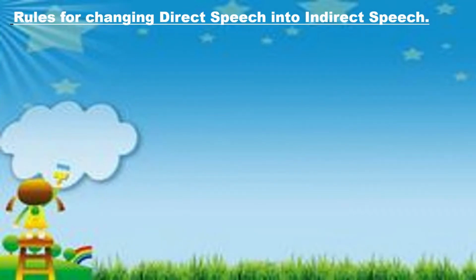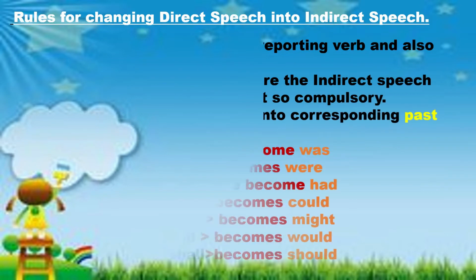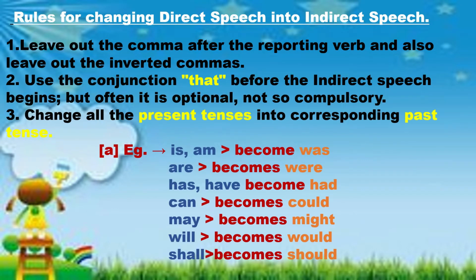There are rules for changing direct speech into indirect speech. Let's see them one by one. First rule, leave out the comma after the reporting verb and also leave out the inverted commas. Second rule, use the conjunction "that" before the indirect speech begins, but often it is optional, not compulsory. Third rule, change all the present tenses into the corresponding past tense.